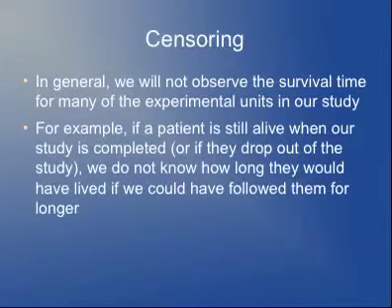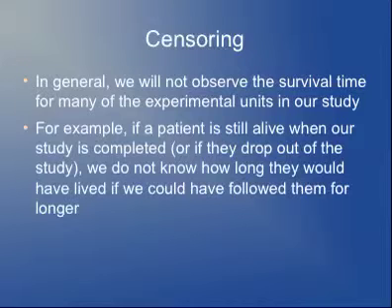For example, you're doing a cancer study, and at the end of the study, the patient hasn't died yet. We don't know if that means that they're going to die 2 months later, or if their cancer's cured and they're never going to get the disease.